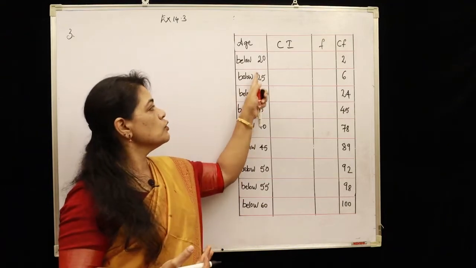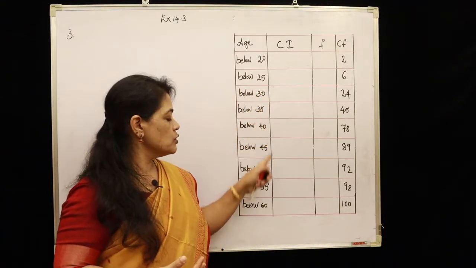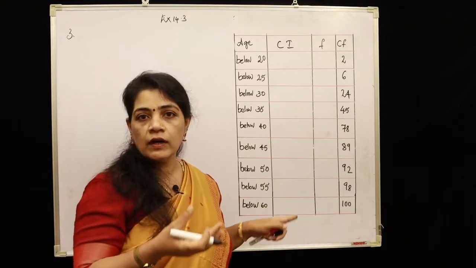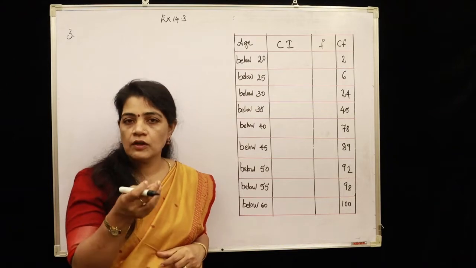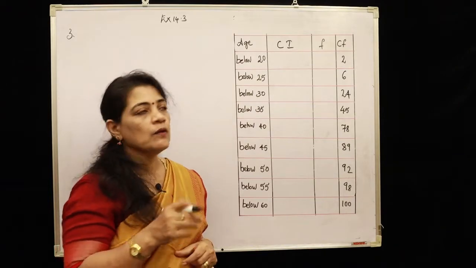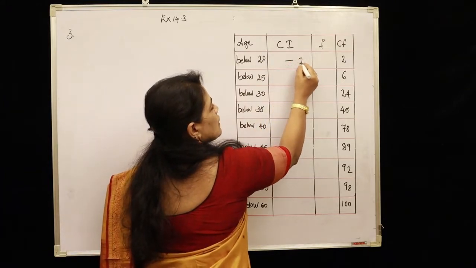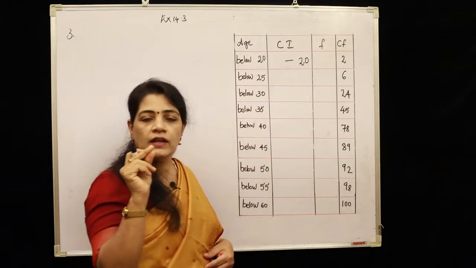That means 20, 25, 30 up to 60 are the upper limits of the required class intervals, and we have to find the lower limits. This 20 is the upper limit of the first class interval.